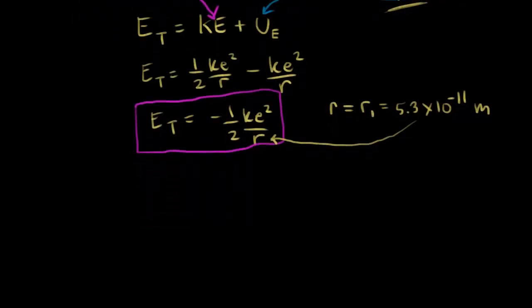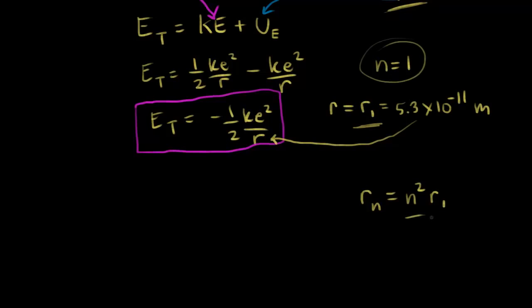Remember, we got this R1 value by doing some math, saying n is equal to 1 and plugging that into our equation: the radius for any integer n is equal to n squared times R1. So when n is equal to 1, we plugged it in and we got our radius.